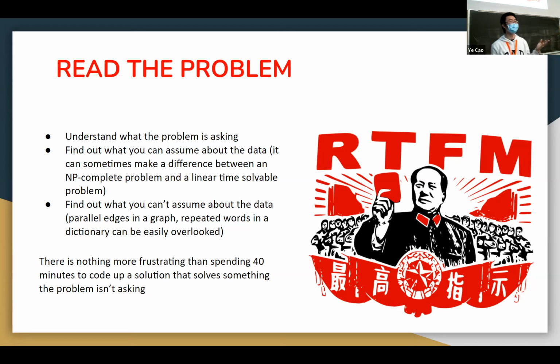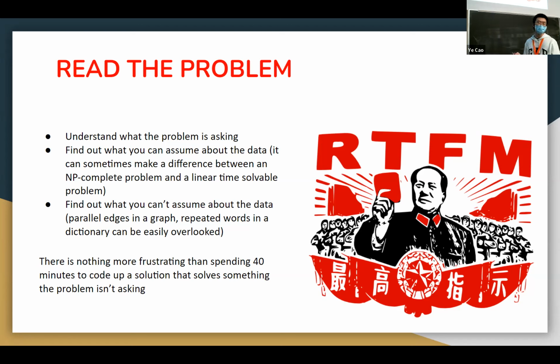Sometimes it might feel like wasted time reading the story, but it's worth it because there might be a sentence in the story that allows you to assume something really specific about your input data. And that is often what makes the difference between an NP hard problem and a problem that is linear time solvable.